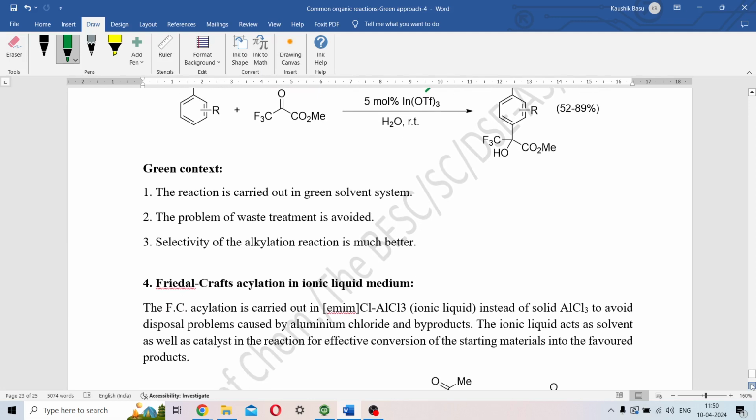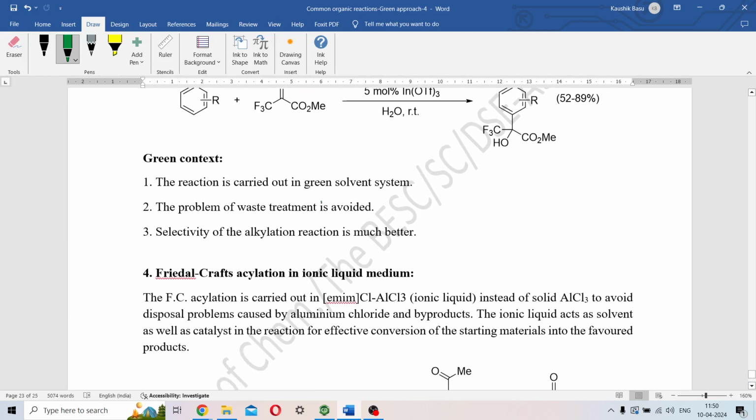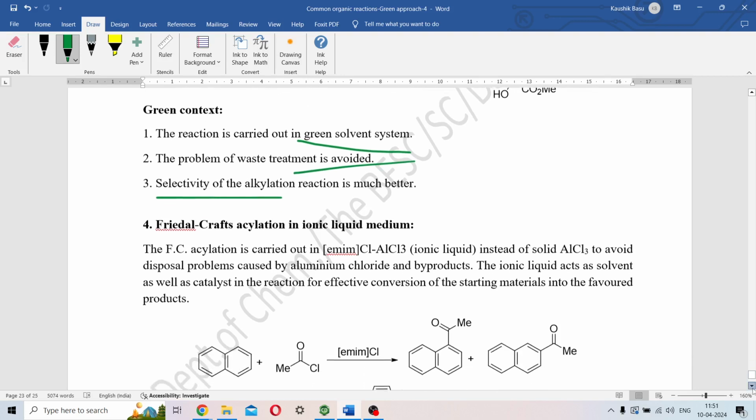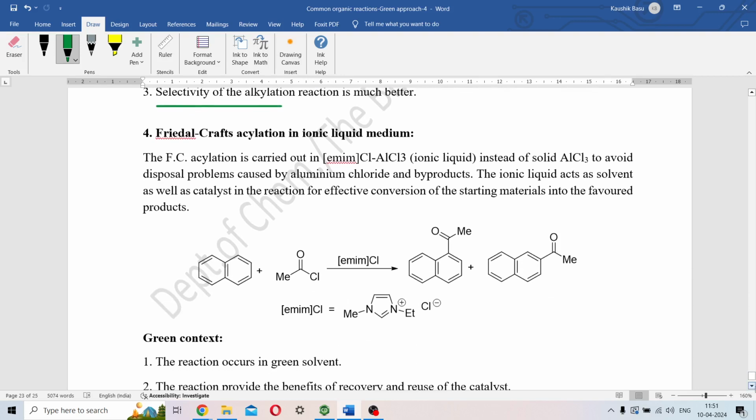And what about the green context? Green solvent, for sure, near critical water is a green solvent, water is a green solvent, waste treatment is avoided, and the selectivity of the alkylation is far superior compared to conventional reagents that we have used. Finally, another green solvent is ionic liquid, where Friedel-Crafts reaction has been done with naphthalene.